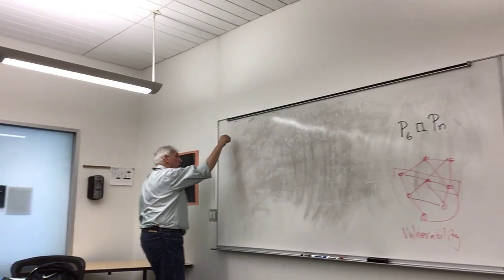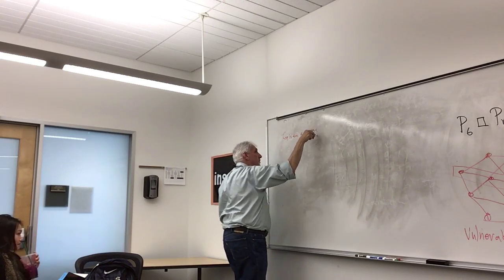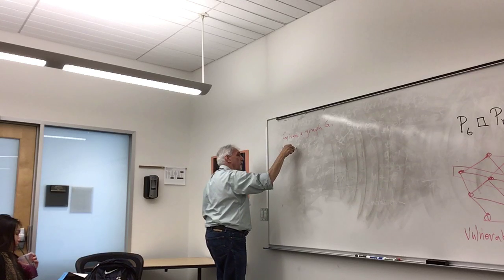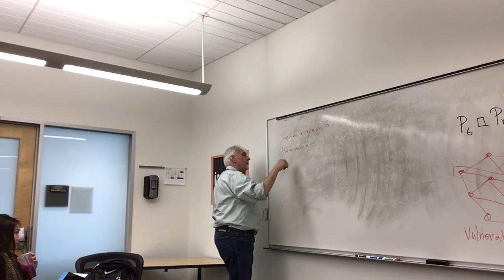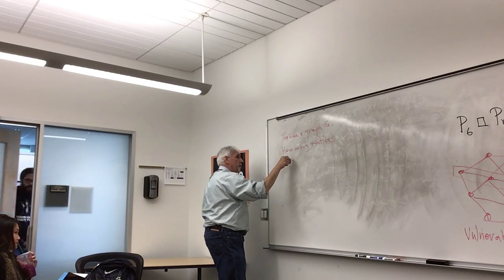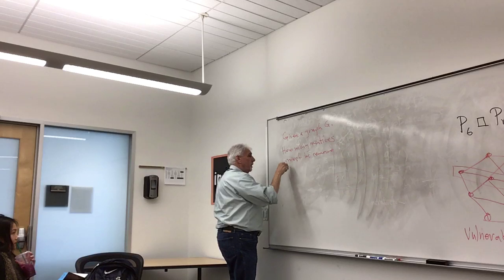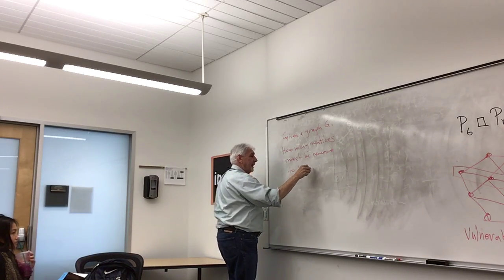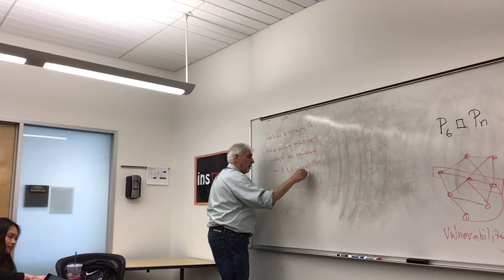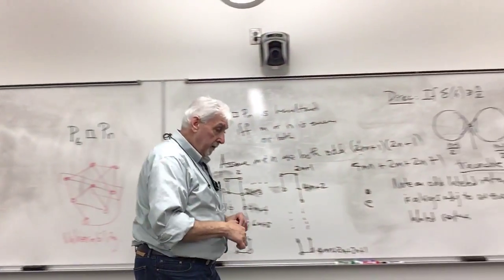Given a graph G, how many vertices must be removed to disconnect the graph? In other words, I'm going to remove vertices. The graph that's left is disconnected.